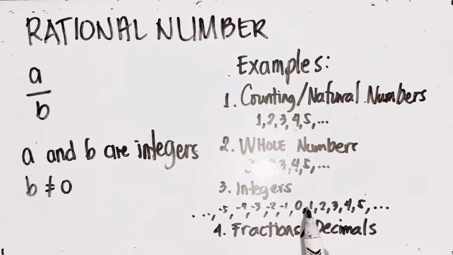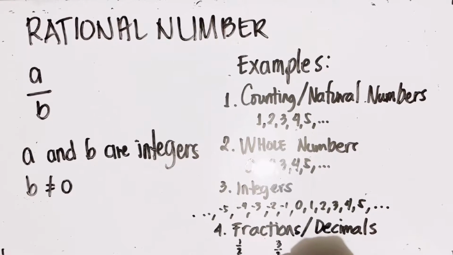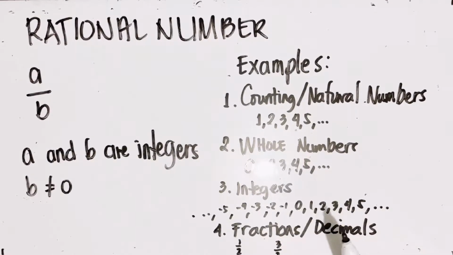For example, between 0 to 1, we have 1/2. Between 1 to 2, we have 1 and 1/2, or that's 3 halves. Next, between 0 and -1, we have -3/4.